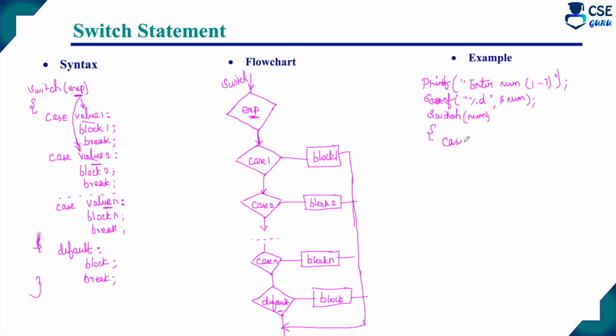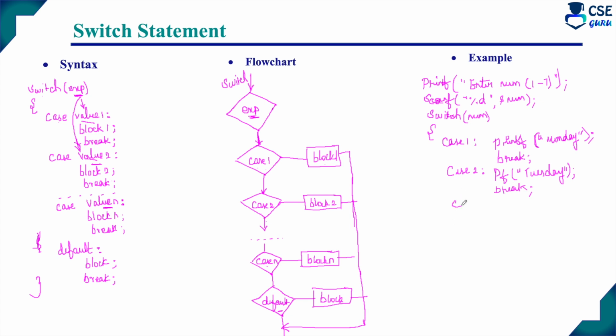Suppose case 1: printf Monday, and then break. If the number value is 1, printf the particular day is Monday. Suppose this alternative fails, go to case 2: printf Tuesday. If the number value is 2, printf it is Tuesday. Here I am writing printf in short, then break. If the number value is 3, printf Wednesday and then break.